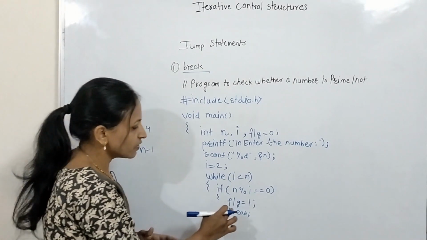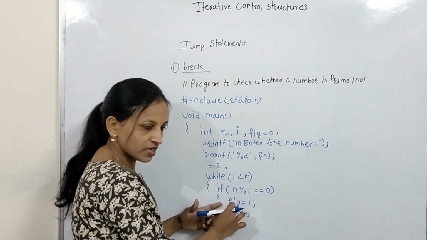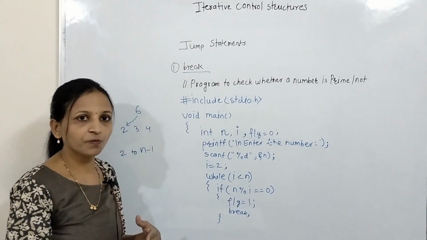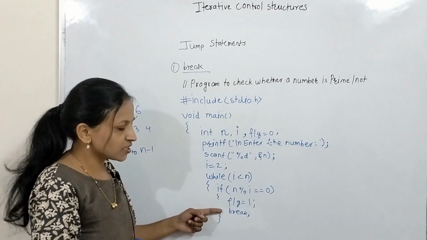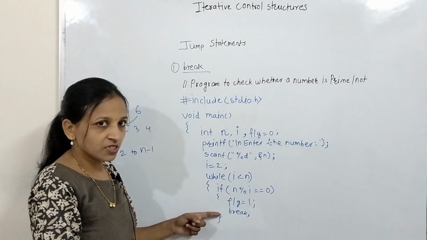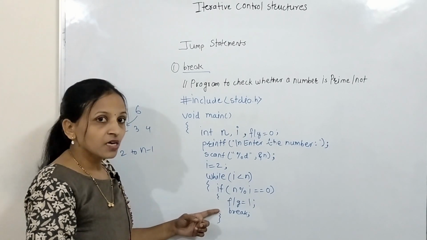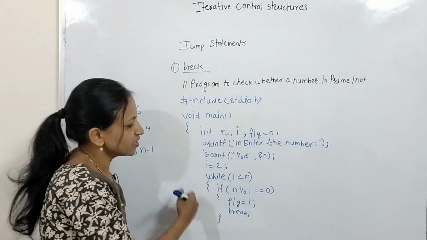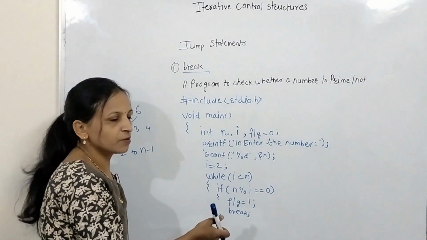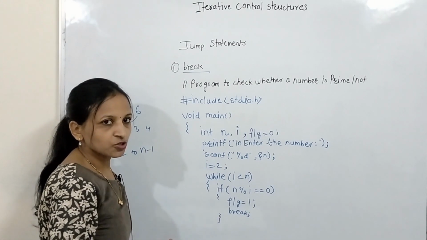In that case we will change the value of flag to 1, and we will stop the execution of that loop. To terminate the execution of a loop instantly at any point, note that the normal execution is always 2 to n minus 1, so of course the iterations will be n minus 2.